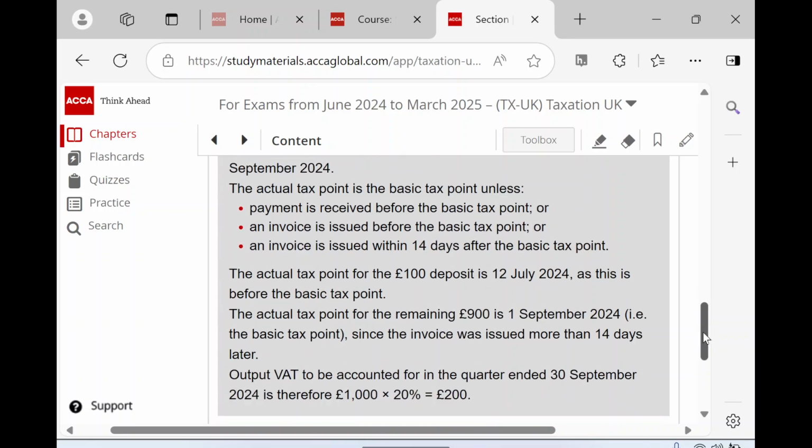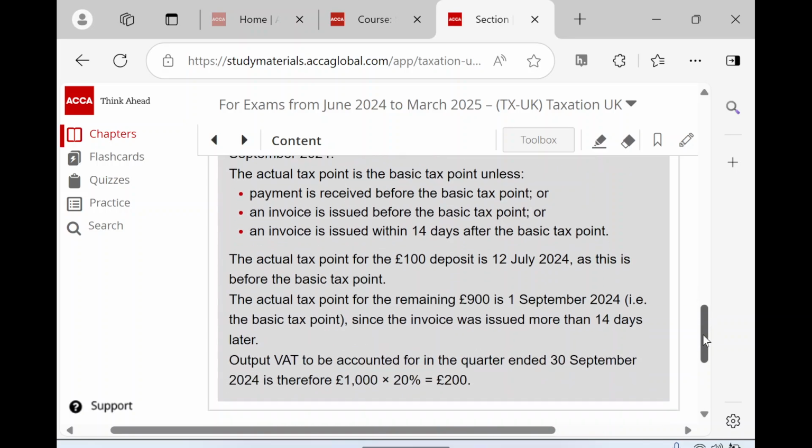So in terms of the 100, it's simple enough, really, isn't it? The actual tax point for the 100 deposit is 12th of July 2024, as this is before the basic tax point. That's it. That's done. The payment was received before, so I'm taking it as the actual tax point.